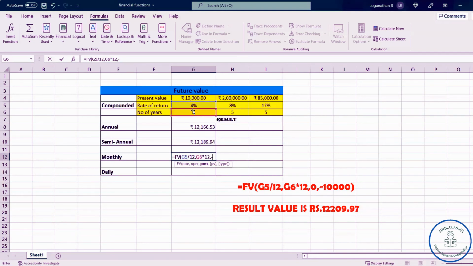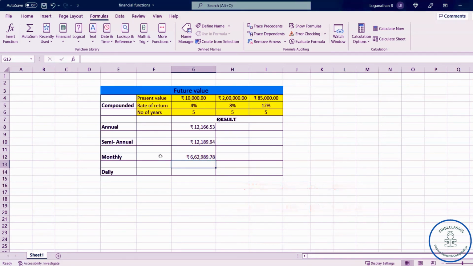So I select the G4 variable, then I close the bracket, then press enter. It gives you 6,62,989. Since it is monthly compounded, it gives you a very high value of the 10,000.